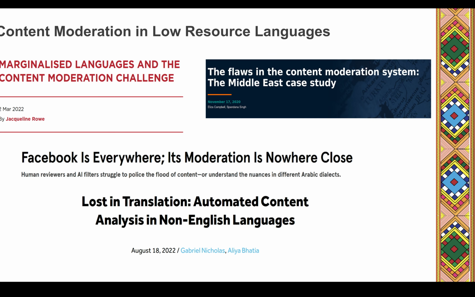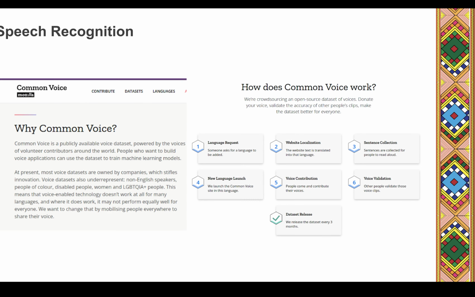We also see the impact of lack of research in low resource languages in terms of content moderation, where, for example, low-performing automatic content moderation systems fail for languages that are not English or languages that are low-resourced and result in direct downstream harm.